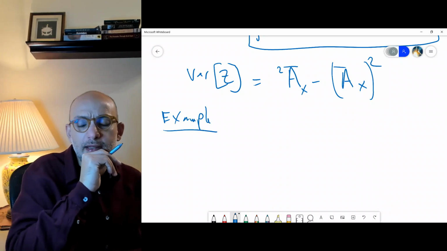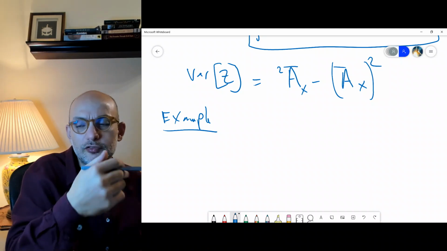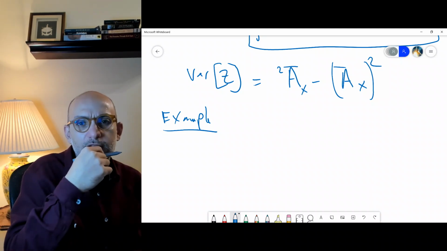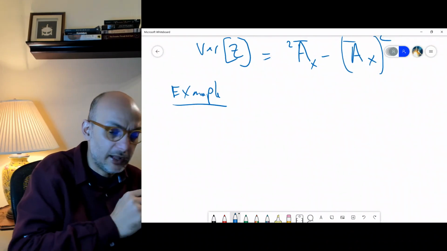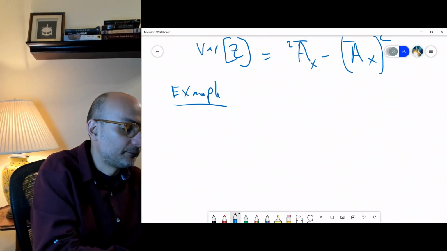The two common distributions that we always look at are the uniform and the exponential distribution. Let's look at uniform first.